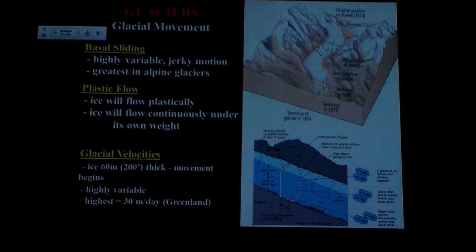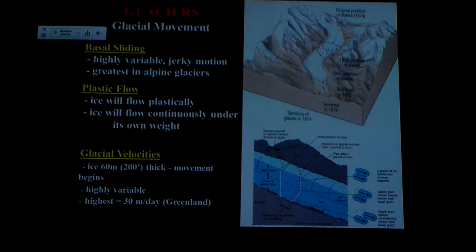The edges have friction, or they're kind of frozen to the bedrock. They're slow. But the center, just like that main velocity thread in a stream, right there at the top center part of the flow, is the least affected by that bed topography and then those effects of freezing or friction along the bed. So I see again that this top center flow line is the fastest part of the glacier.